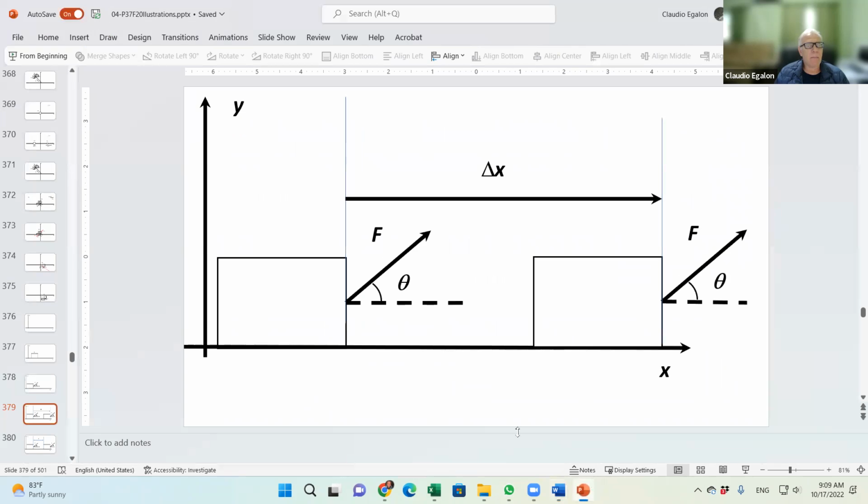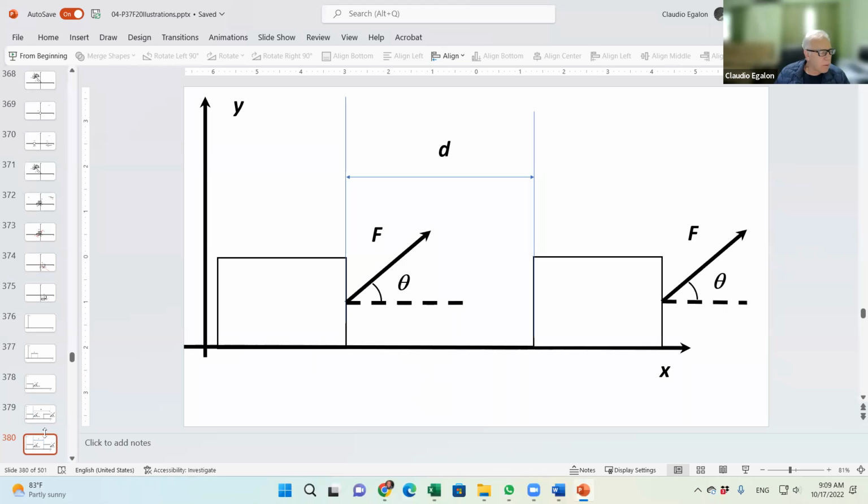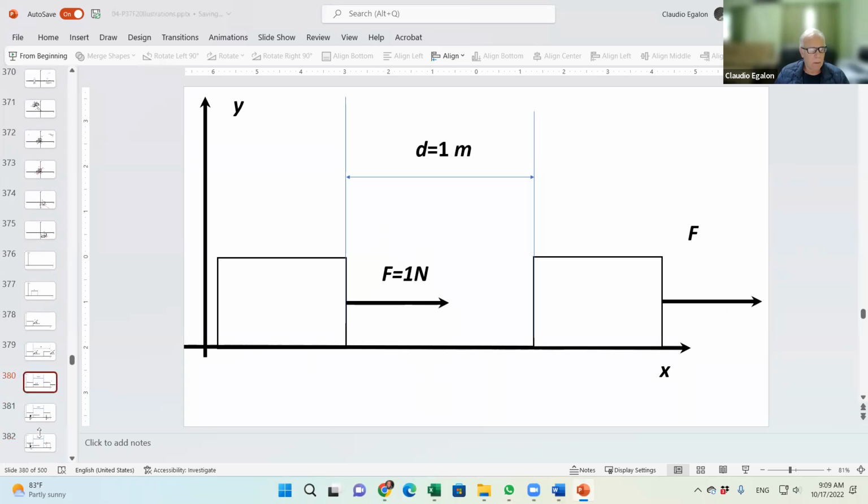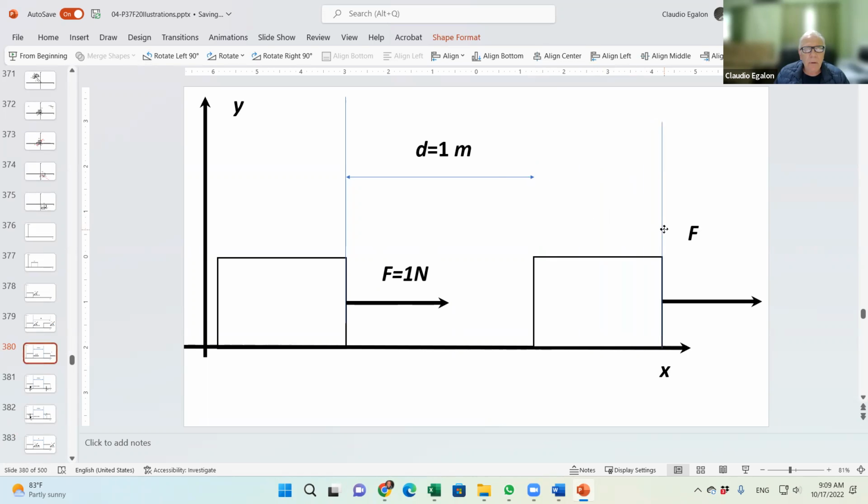So here's the most generic case for the work. We don't need this picture anymore. Here's the simplest case of work. And again, there's a little mistake here in this figure. Work in the same direction as the displacement.